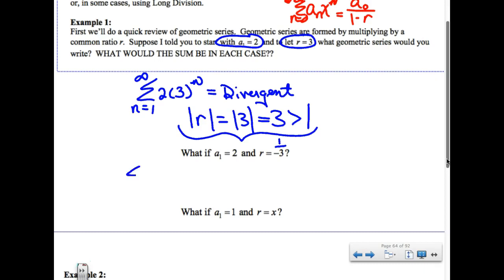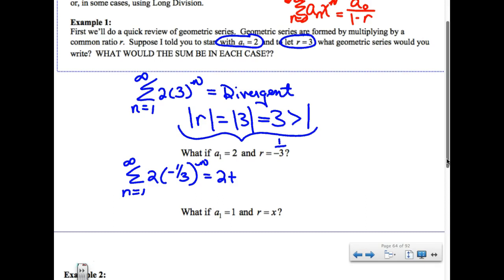So let's do that same n equals 1 to infinity, 2 times negative 1/3 to the n. Again, I'm recognizing this as geometric. I've put it in geometric form. This would start at 2, and then I would multiply that by negative 1/3 every time.